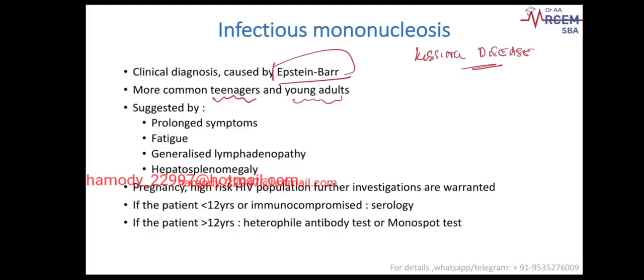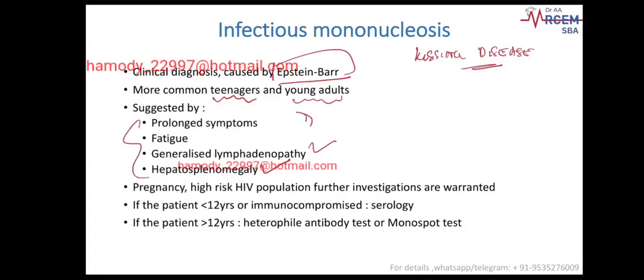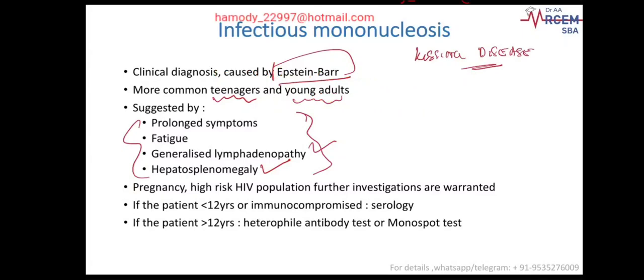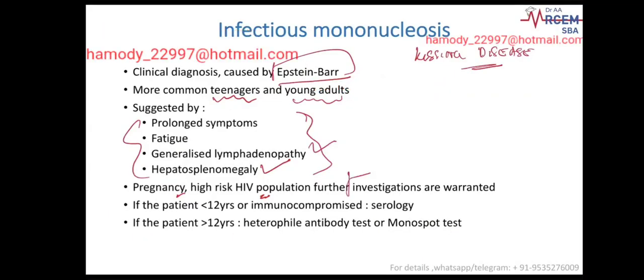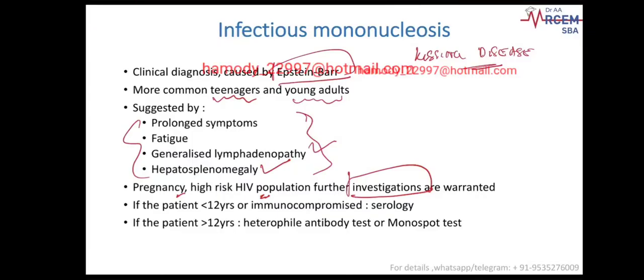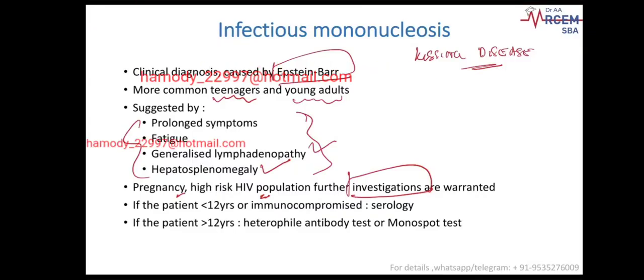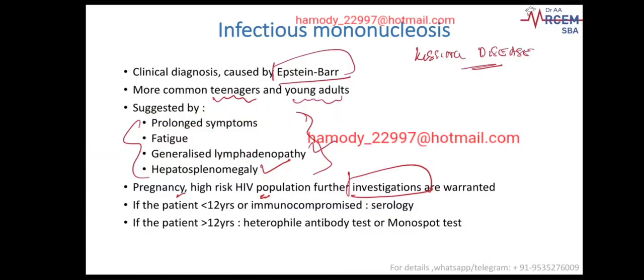How do we predict if it's infectious mononucleosis? Someone who has a sore throat and generalized lymphadenopathy, hepatosplenomegaly, then you need to strongly suspect it can be infectious mononucleosis. Pregnancy, high risk for HIV, then investigations you need to do. That means anyone who is at high risk, for example, immunocompromised, or has congenital heart disease, chronic lung disorders like cystic fibrosis, especially in children, then you need to go ahead and further evaluate.